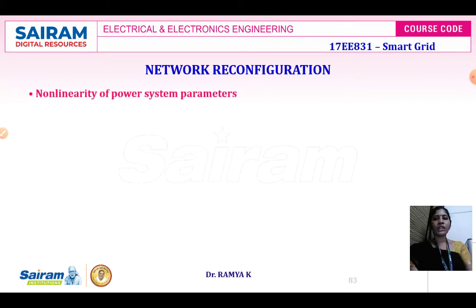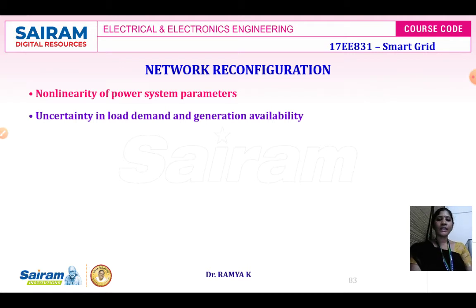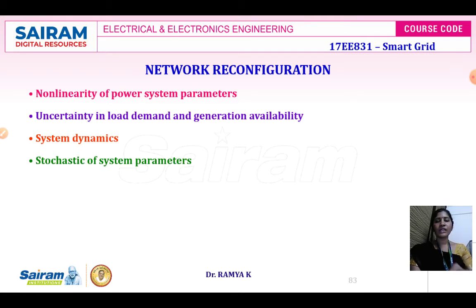So network configuration is one of the important factors where we need to focus on the non-linearity of your power system parameters, uncertainty in load demand and generation availability, system dynamics and stochastics of your system parameters. The network reconfiguration is nothing but your cost effective reconfiguration assessment strategy, and it has to address all these particular challenges when you are reconfiguring your network.